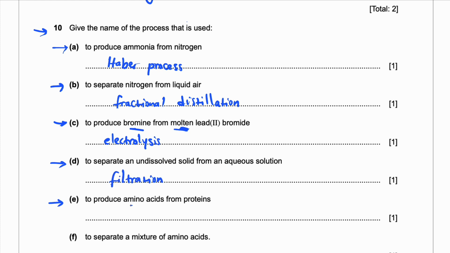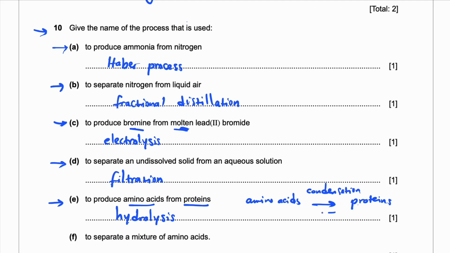To produce amino acids from proteins, that process is opposite to polymerization to produce proteins, but now we're going the opposite way, so that's hydrolysis. So from amino acids to proteins, the process is condensation or polymerization.